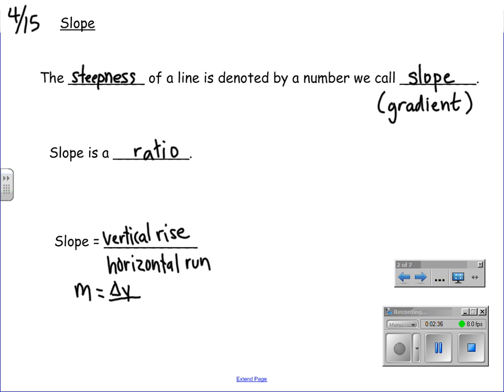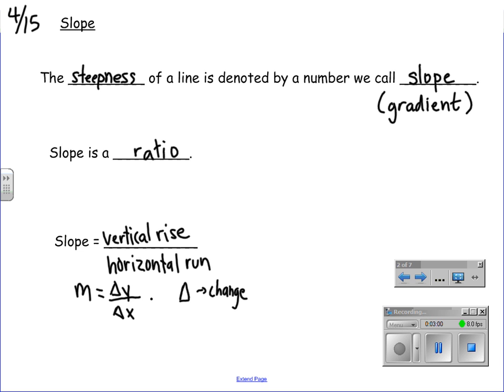So the change in y over change in x. If you recall last year, I occasionally use the triangle to mean change. It's a symbol that means change. So this is another way of saying the same thing. Slope equals change in y over change in x.